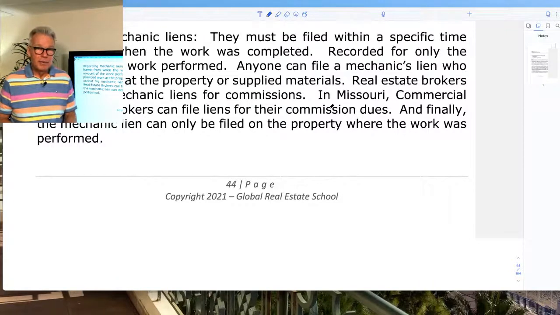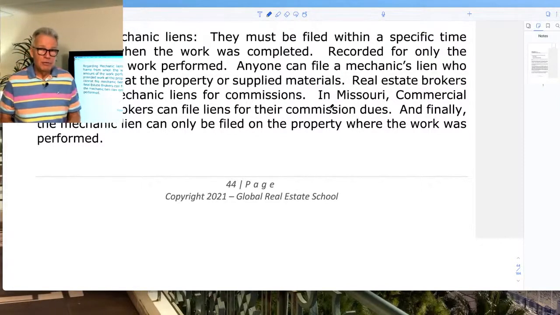You got that? If I'm a contractor and I hire subcontractors and they don't get paid from me, the subcontractors could file mechanic liens on that property only, that property.